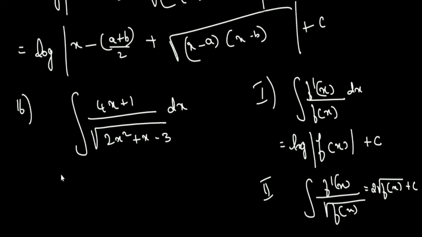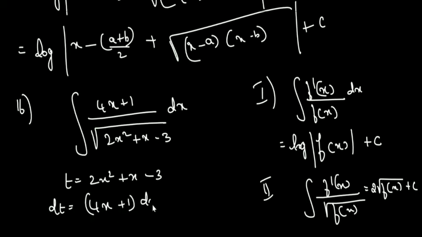Put t as the denominator, 2x square plus x minus 3. So dt will be (4x plus 1) dx.